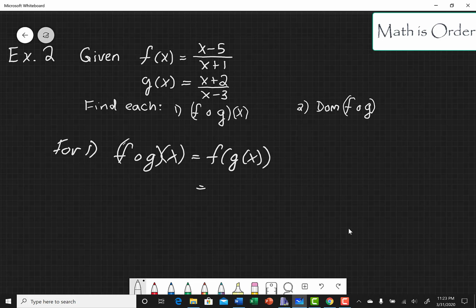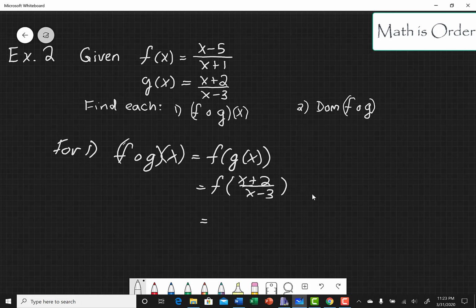All right, and then the next step is we're going to go ahead and substitute our function g, our inside function, into the outside function f. So when we do that, let's just write it down first. So x plus 2 over x minus 3. And now I'm substituting that function into f.